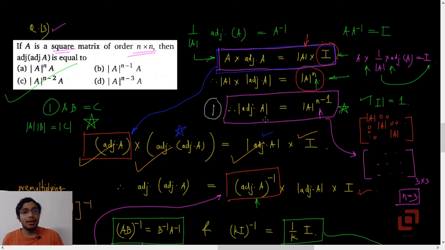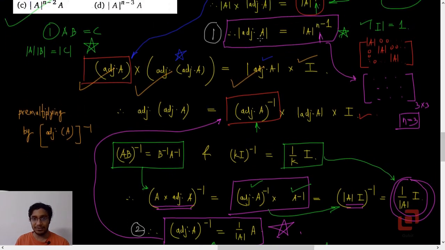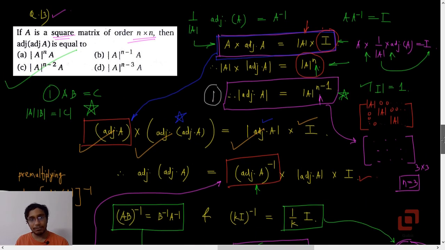Write down each and every point by pausing the video. Try to spend some time understanding what steps have been done. I've already told you that this MCQ has enough material for 2 more MCQs: what is the determinant of adjoint and what is the inverse of the adjoint. Give it some time, it's not very difficult to understand.